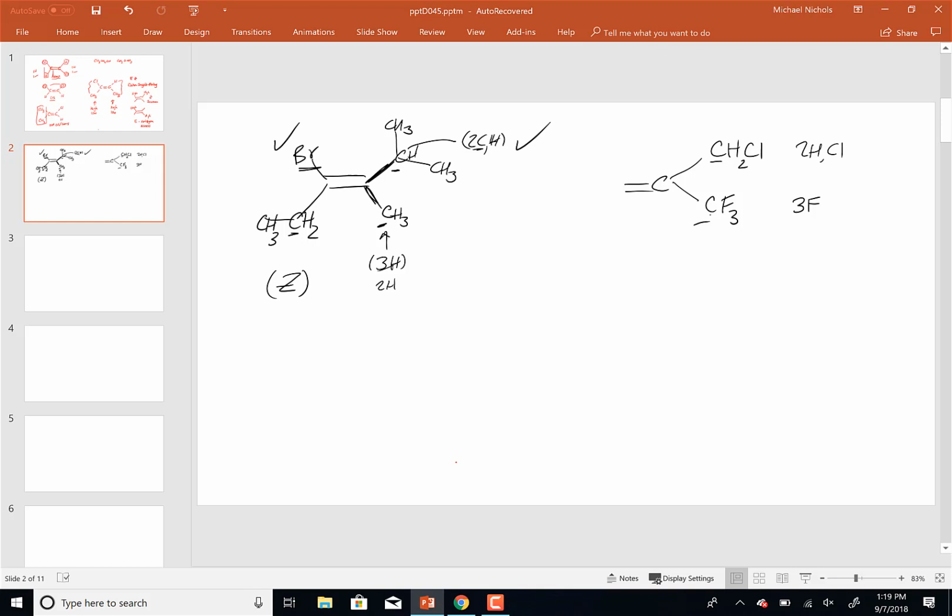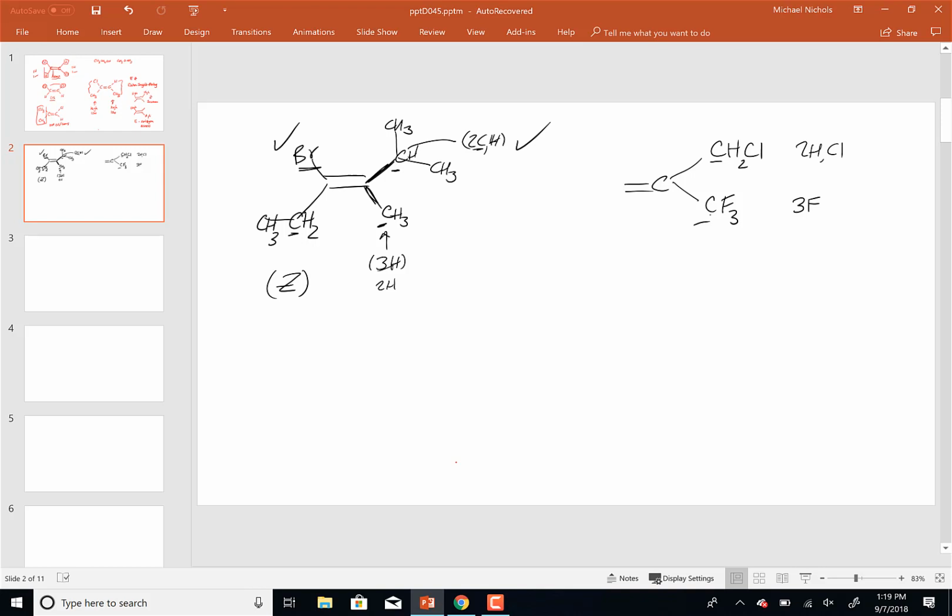Which one wins the priority? Cl does, because Cl has the highest atomic number. So a single Cl beats F. It's not a question of whether there's 3 F's there. It's simply a question of Cl beats F.